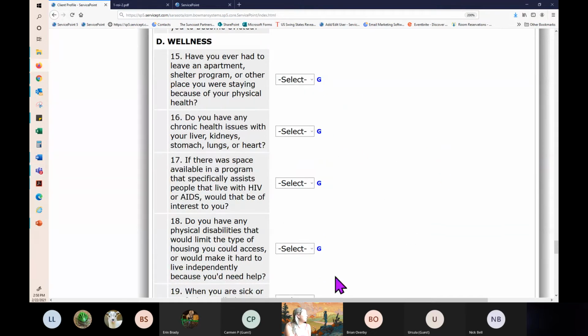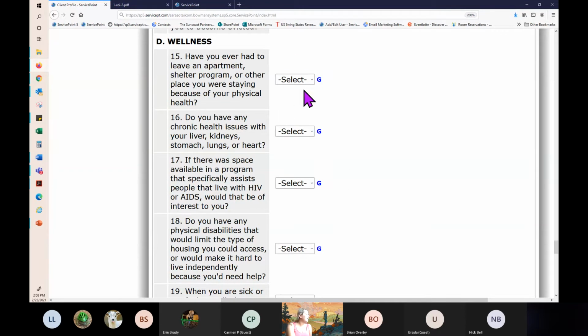When we're talking about wellness, this is going back to those disability conversations, when we were asking what the client's disabilities are: have you ever had to leave an apartment, shelter program or other place you were staying because of your physical health? Maybe the client was in a place and their physical health was deteriorating and that led them to becoming evicted.